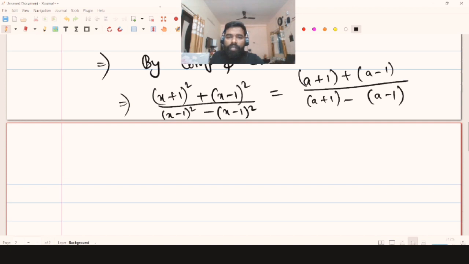So then you see whether some terms are getting cancelled or not. So you see the right hand side minus 1 and here plus 1 and plus 1.